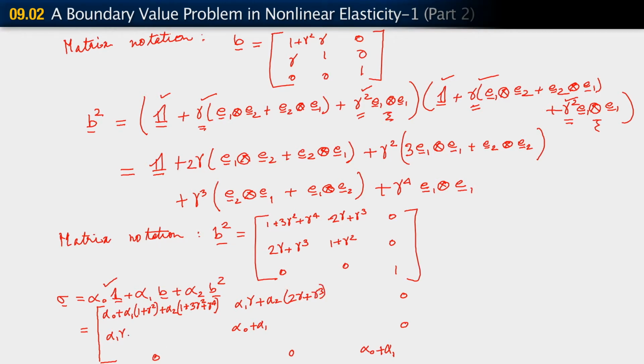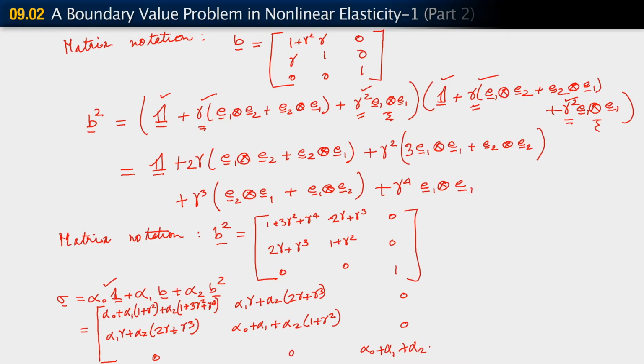Same thing here. And here, in the 2, 2 position, we get alpha 2 times 1 plus gamma square. And finally down here we just get alpha 2.